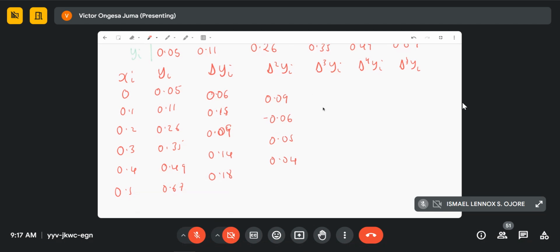So now give me these other ones. That's negative 0.15. I think it will be the same as this. And then when I'm subtracting here, I'm adding, that's 0.11, right? And then this negative 0.01.